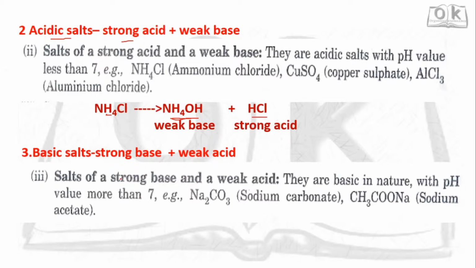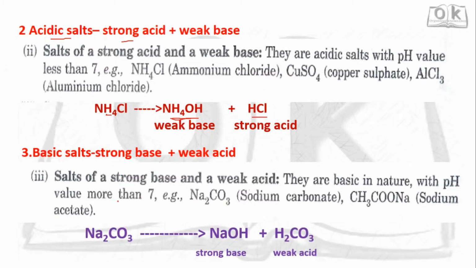Let's see the reaction here. Sodium carbonate, you all know that sodium carbonate is a base, and how is it formed? It is formed after the reaction of strong base, that is sodium hydroxide, and weak acid, that is carbonic acid.